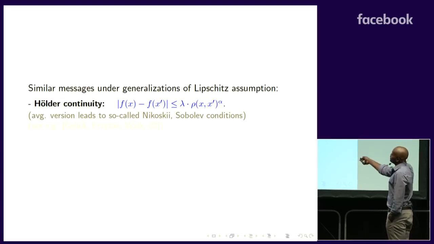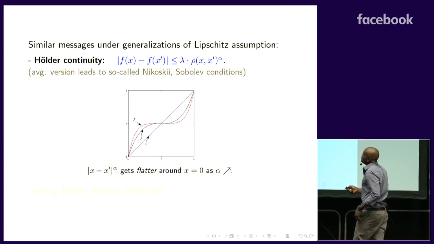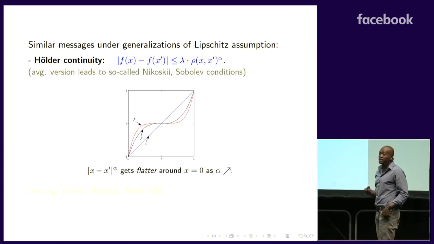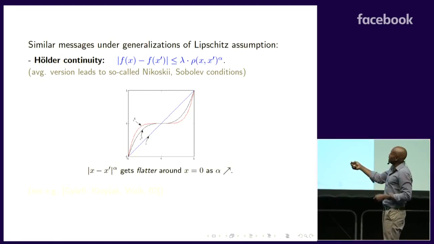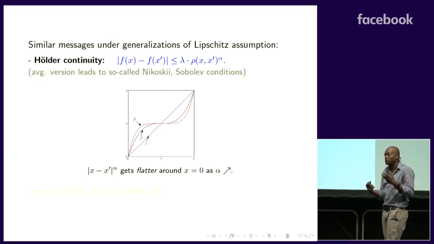You might, rather than saying that f is Lipschitz, say that the derivatives of f are Lipschitz, the higher derivatives of f are Lipschitz and such, and that gives you higher order conditions. The key point to remember is that as alpha is going up, the problem gets easier. The function f gets smoother and gets easier to estimate. You can imagine that if f doesn't change too fast, it's easier to estimate.